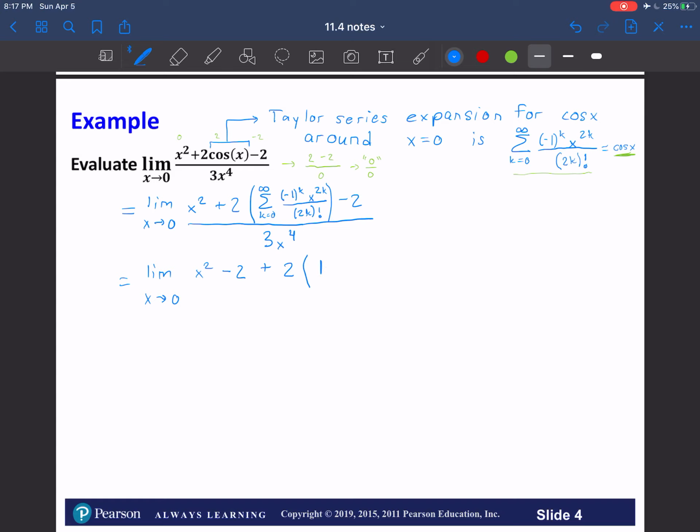The next term is minus x squared over 2 factorial. After that, it's plus x to the 4th over 4 factorial. And then minus x to the 6th over 6 factorial. And this continues on forever. On the bottom, we have 3x to the 4th still.